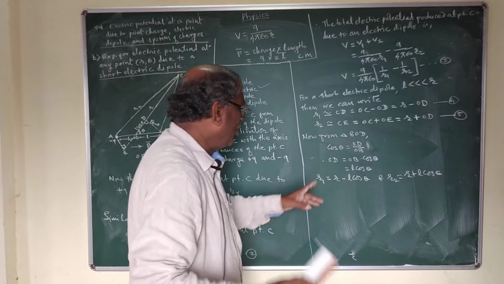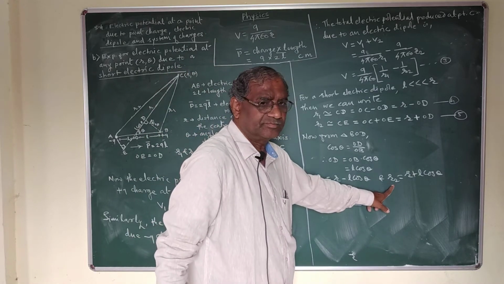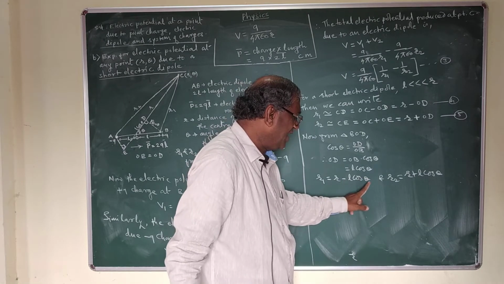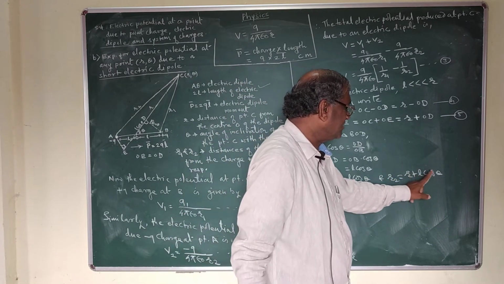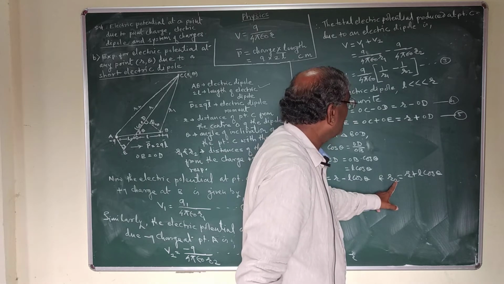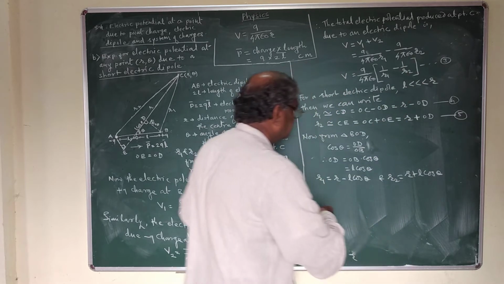We get the value of R1 and R2 from this triangle. Substituting these values of R1 and R2 in equation 3.